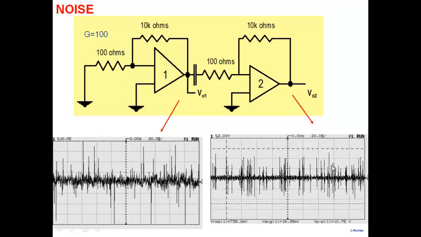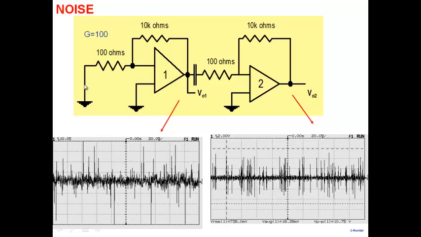Now if I look at this one and I've built an amplifier like this, and if I ask what is the smallest voltage that my amplifier can amplify, what will you say? How small can it amplify? Can it amplify 1 millivolt?